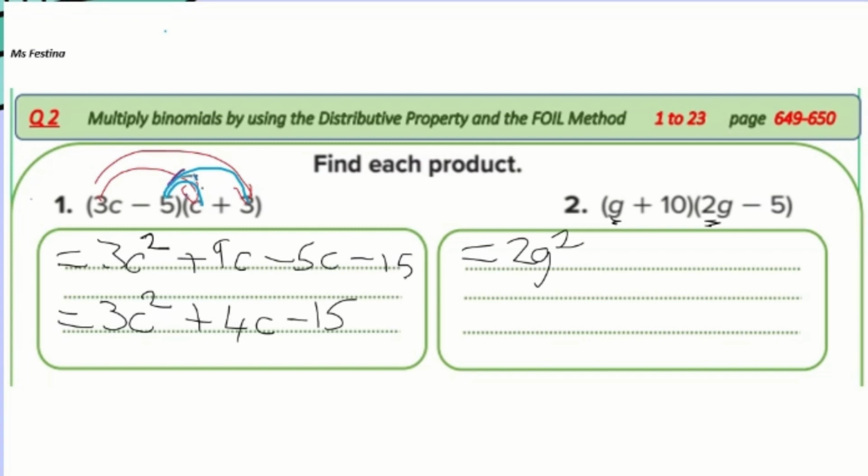You will then get minus 5g, okay, and then you will now go to 10 multiplied by 2g, which will give you positive 20g, and then 10 multiplied by negative 5 will give you negative 50.